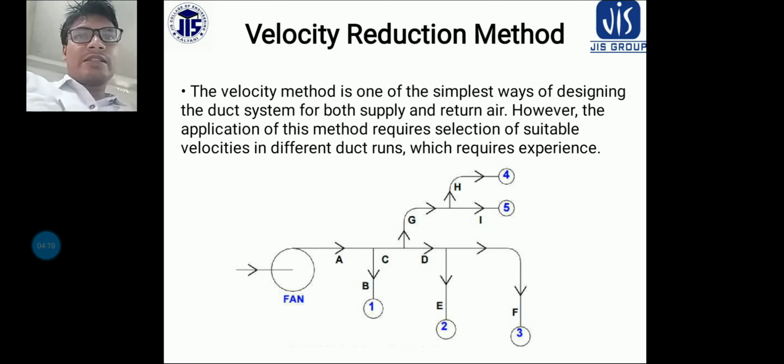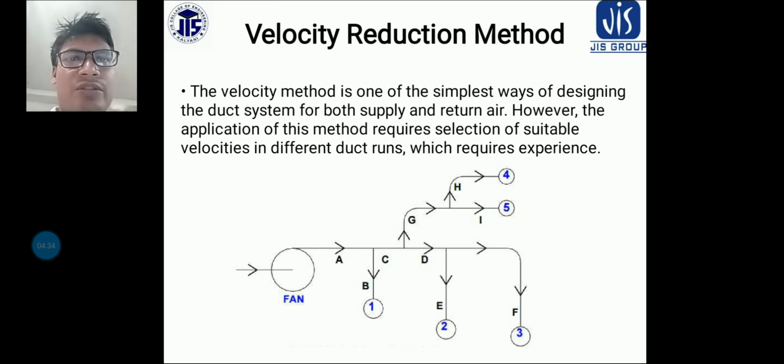GI duct thickness varies from 26 gauge, that is 0.55 mm, to 16 gauge, that is 1.6 mm. So the thickness of GI is 0.55 to 1.6 mm.